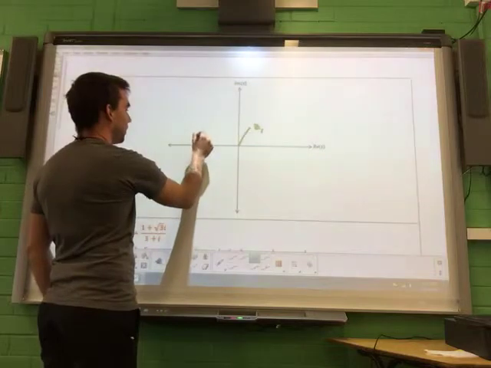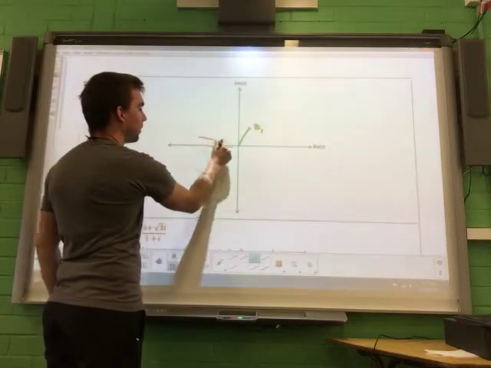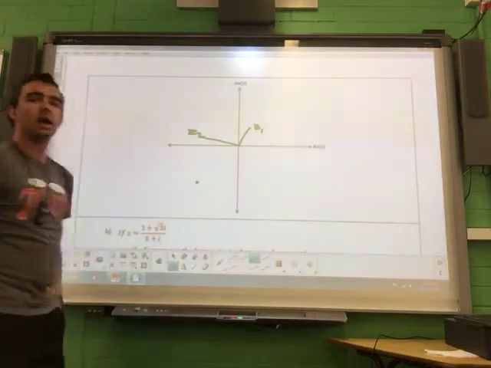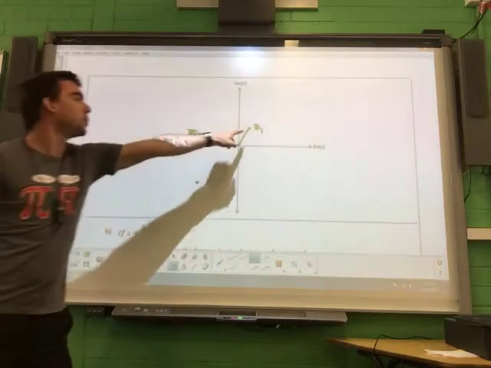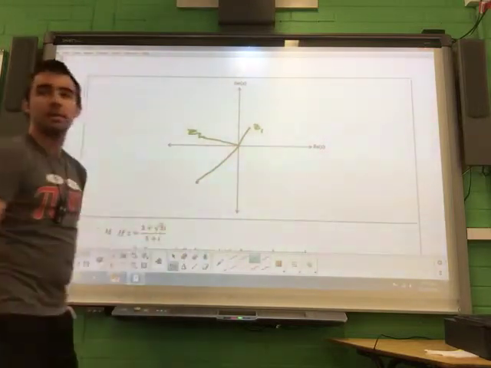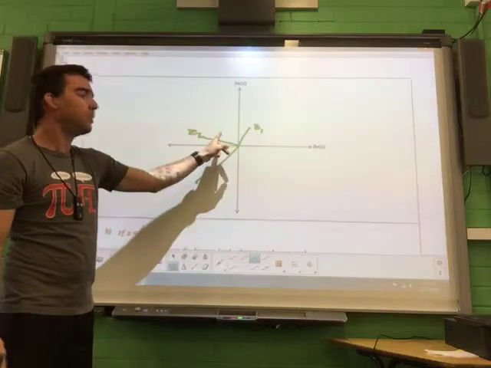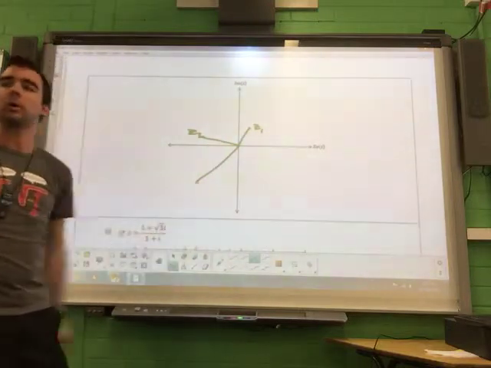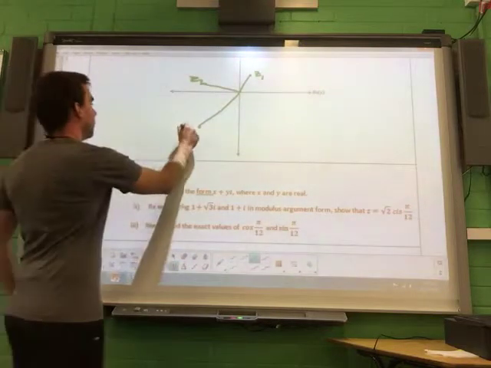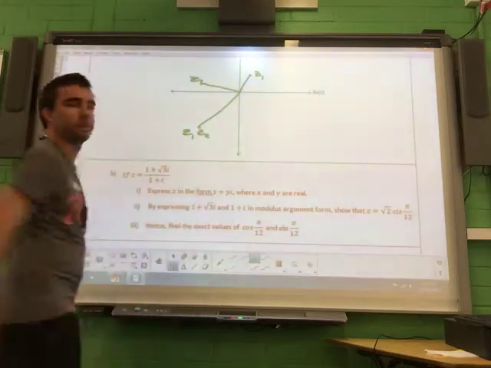So it's going to be something out there for Z2. What you've done is you've multiplied 2 and 5 to get the new radius out here of 10. And you've added 75 to 150 and you've gotten your 225. Okay, so that's the representation of that on your diagram. So this will be Z1, Z2.